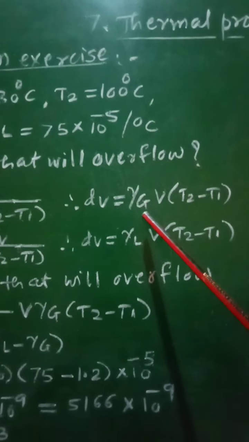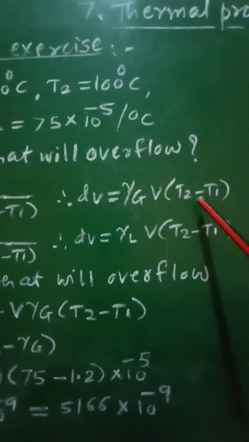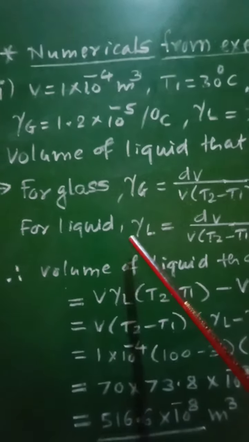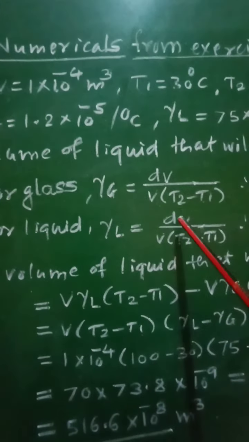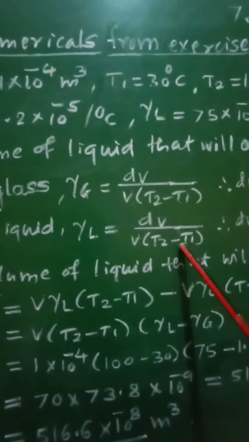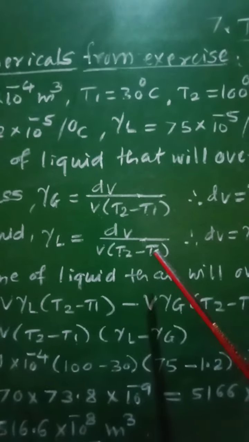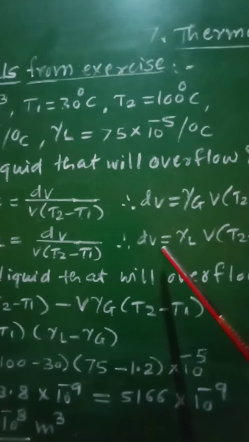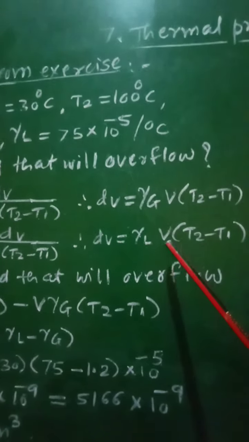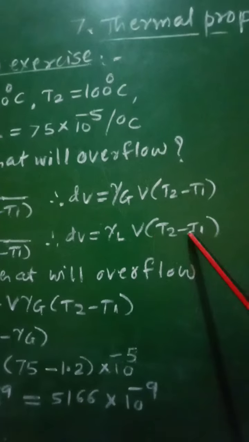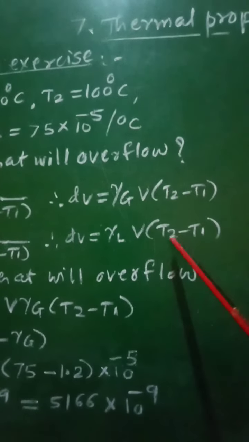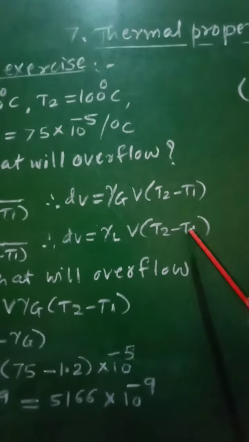Similarly, for liquid, gamma L equal to dV upon V into T2 minus T1, and therefore dV equal to gamma L V into T2 minus T1.